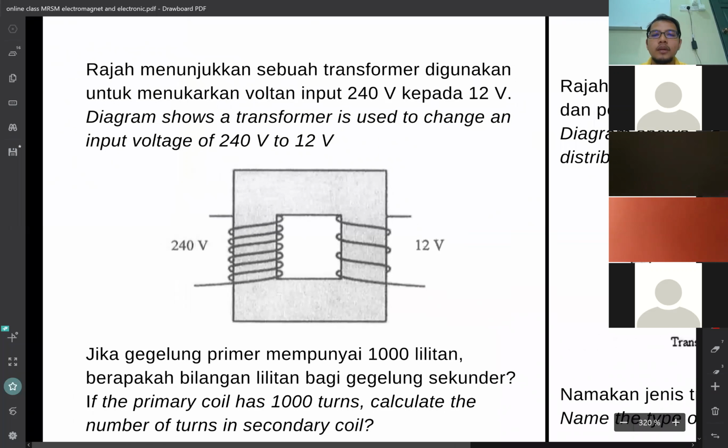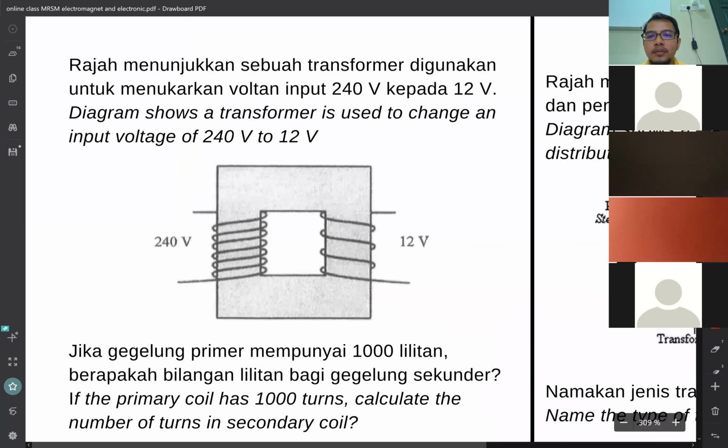First I want to ask you, what is the type of transformer? Either it's step up or step down. Okay, my answer in the chat is step up or step down. Down. Why do you know it's down?